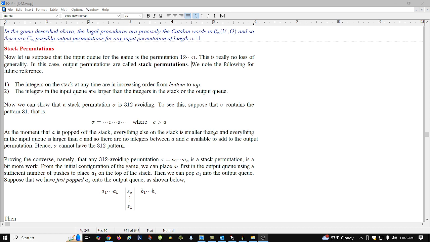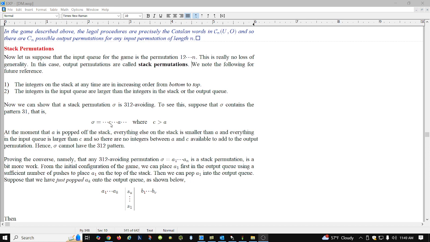What about the elements on the input queue? They're larger than anything else, which means they're larger than C. So the elements on the stack are smaller than A, the elements on the input queue are larger than C, so there are no integers between A and C available to add to the output permutation.